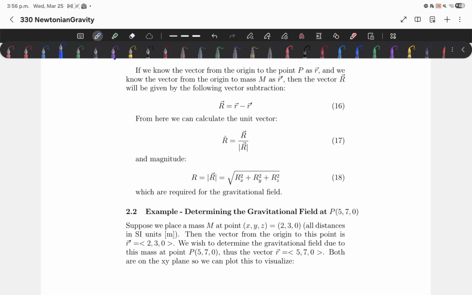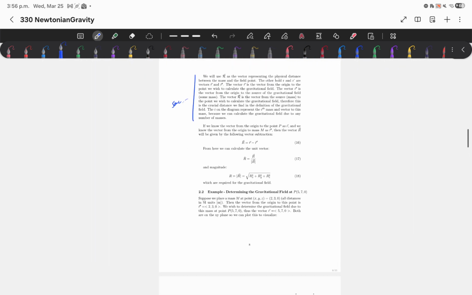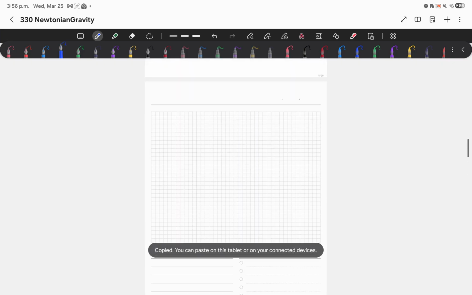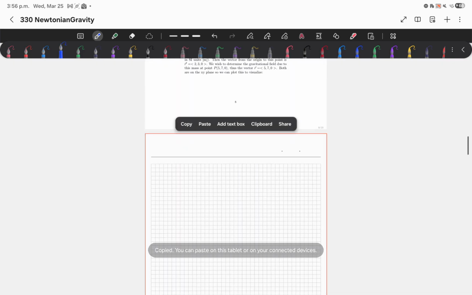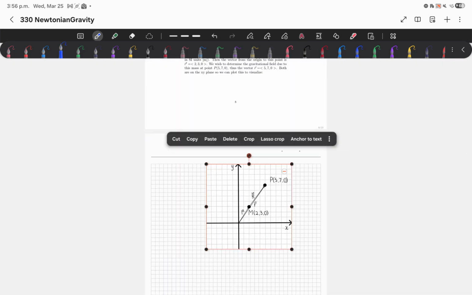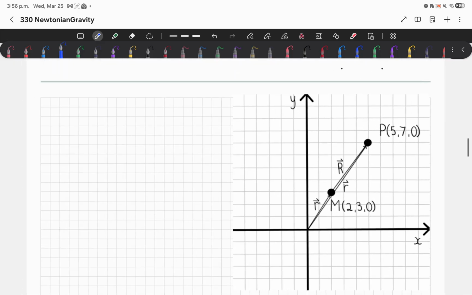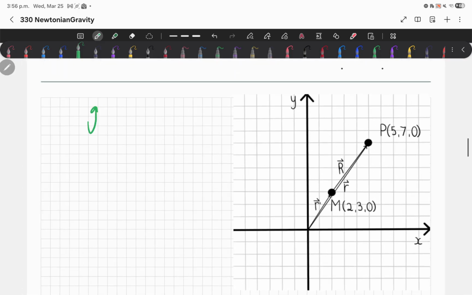Let's do a couple examples here. We're going to place a mass right here at (2, 3, 0). We're going to place our point P, where we want to find the field, at (5, 7, 0), and we want to find the gravitational field at that point P. Now, one thing I'll note, you might be looking, oh, why did you pick 2 points that are kind of on a line like that?